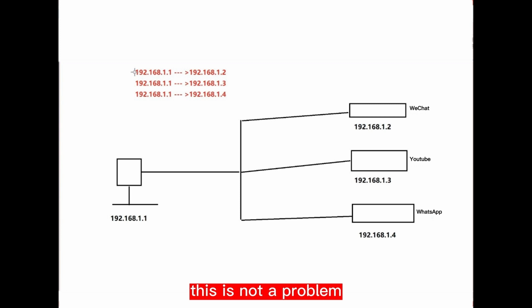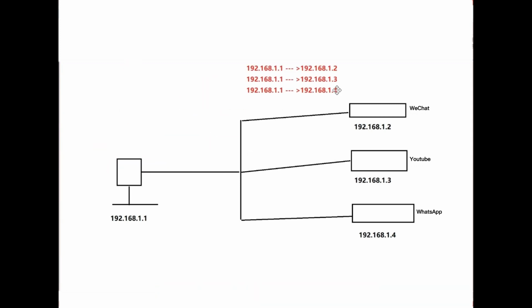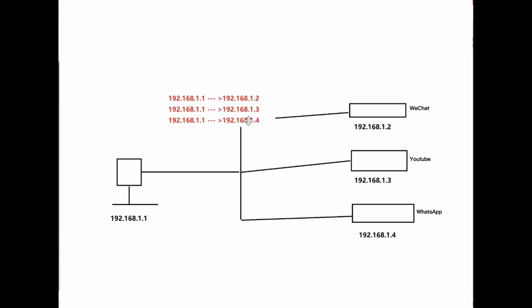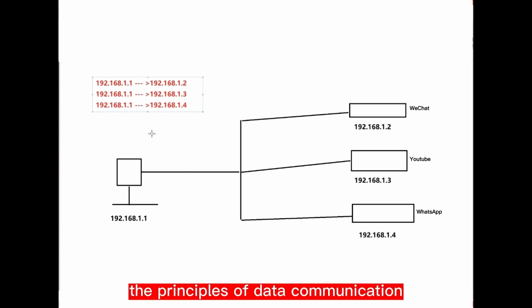This is not a problem. According to data communication, this data can definitely pass. It finds the address of the server and is forwarded through the routers in the middle.